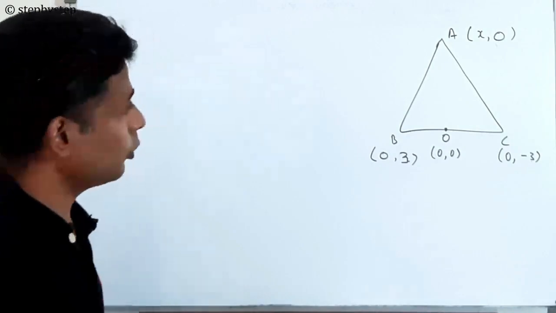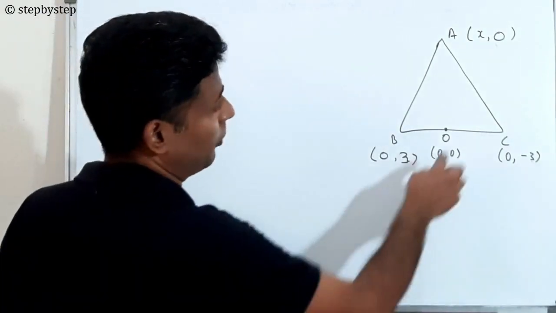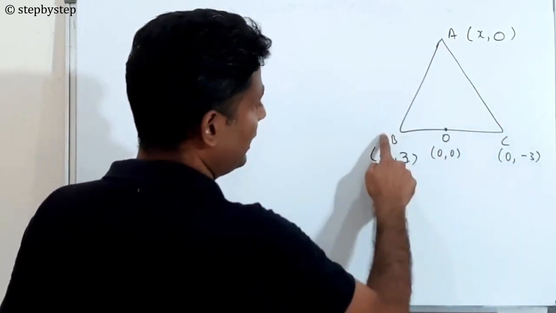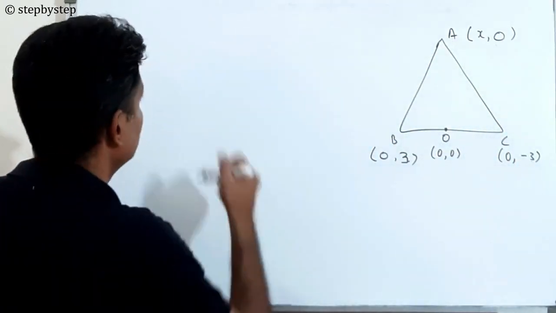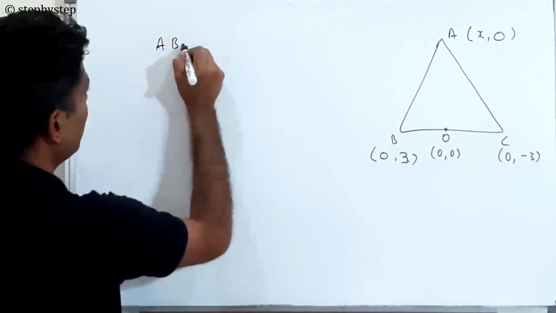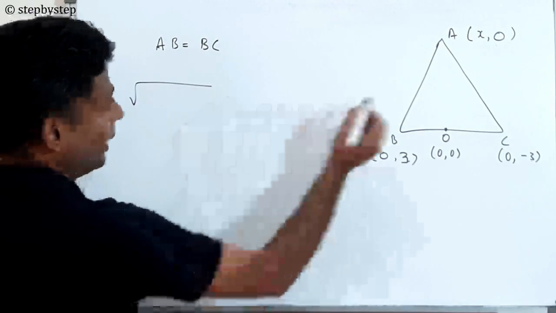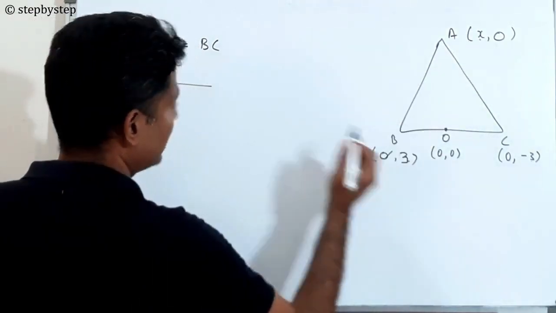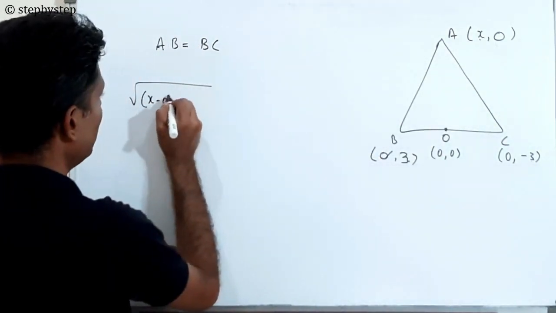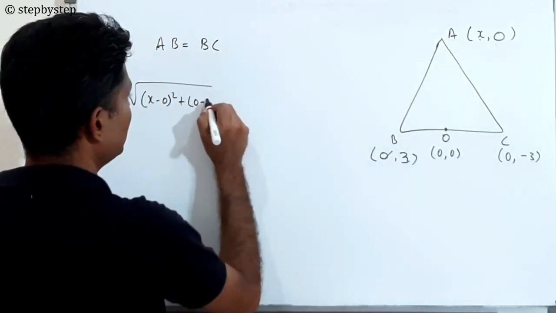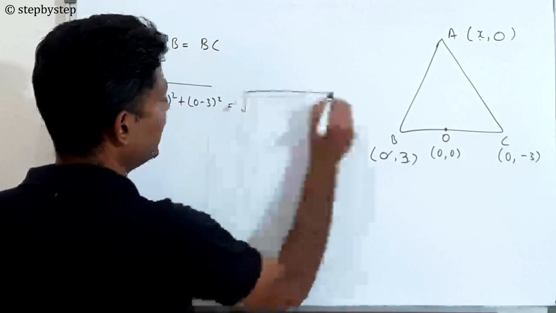Alright guys, now to find the x coordinate, again we'll use the distance formula. This is an equilateral triangle, so we can say AB equal to BC, right? Again applying the distance formula, root of AB, that is x2 minus x1, that is x minus 0 whole square, plus y2 minus y1, that is 0 minus 3 whole square, will be equal to BC.